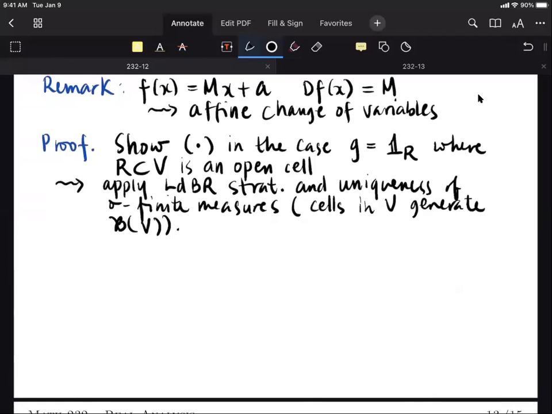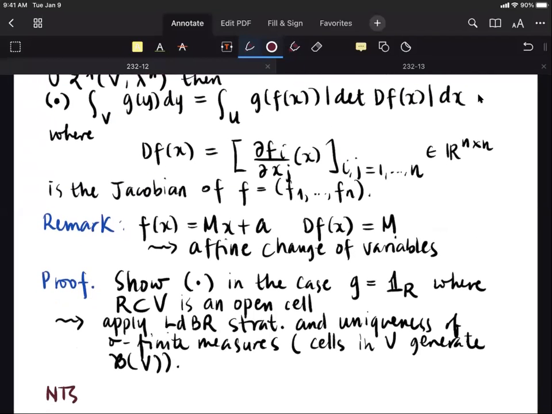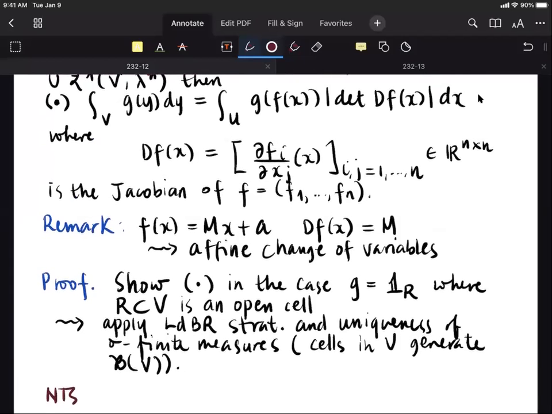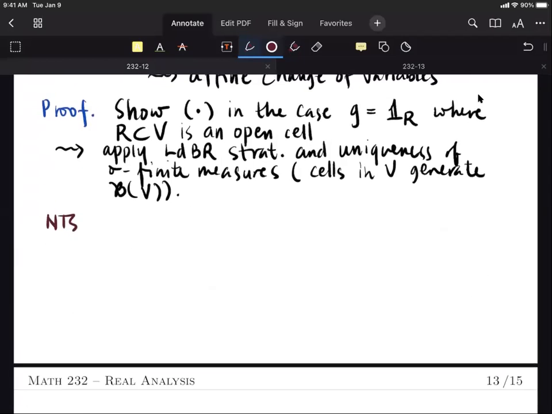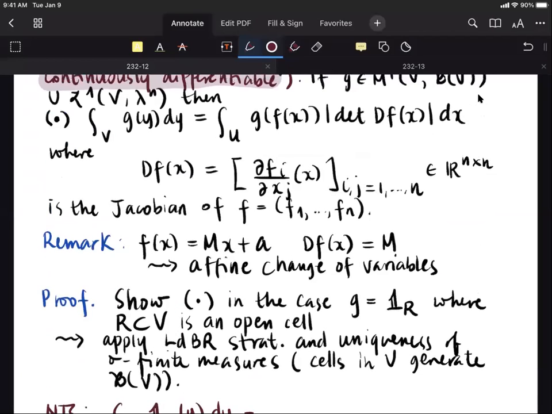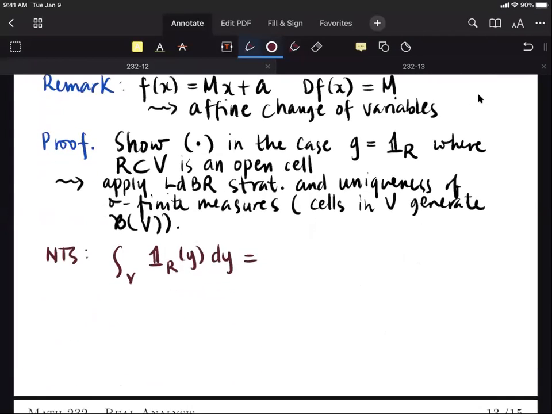Okay, so let us emphasize what we would like to show. So replacing g by the characteristic function, we need to establish the following. So this would be the left-hand side, and the right-hand side would be as follows.